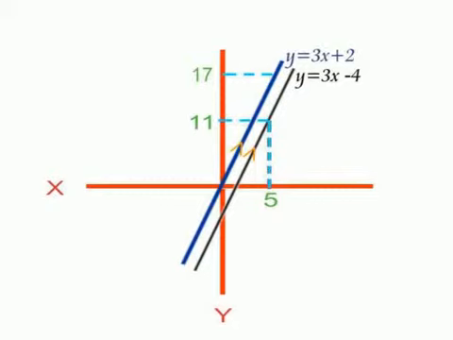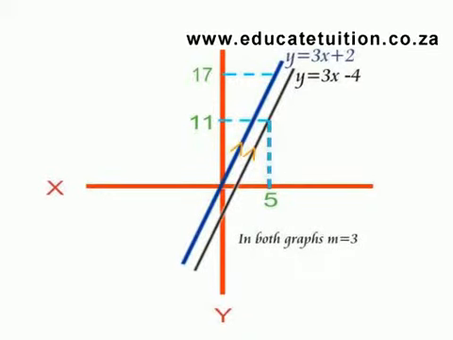Notice something about these graphs. They are parallel. What else can you see about the graphs? They both have the same m value or the same gradient. They both have a gradient of 3. That means that both of these graphs have a slope of 3.